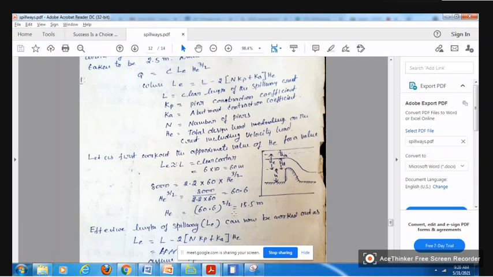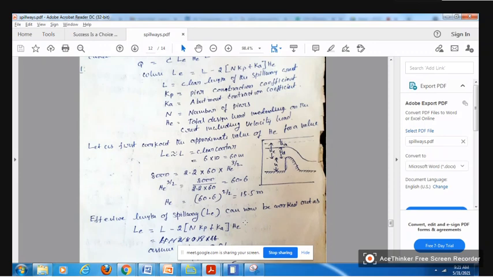So first I have calculated the HE value, assuming LE is equal to L, 15.5 came. So LE is less than L, therefore the actual HE value is more than this. Now I assume an HE value more than 15.5 in this equation, and then you calculate the LE value. LE is equal to L minus 2 n into Kp plus Ke.